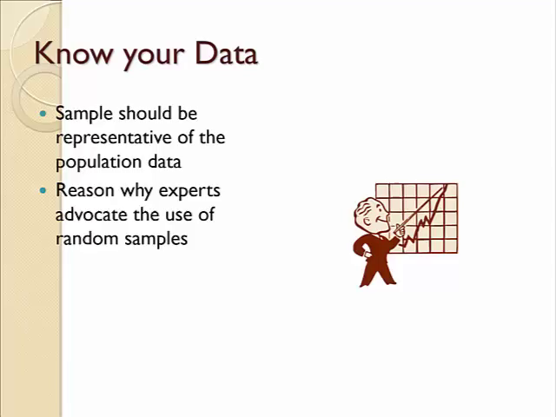So when the manager pulled out 50 or 500 of each type in the first 2 cases, the sample was not representative of the population data. That is the reason why experts advocate the use of random samples, so that the sample we base our inferences on represents the behavior of the population and does not bias our inferences in any specific way.